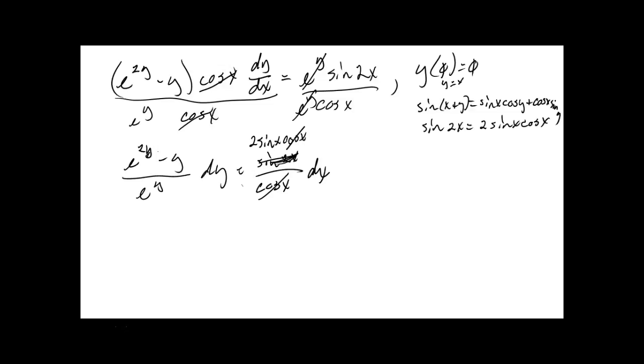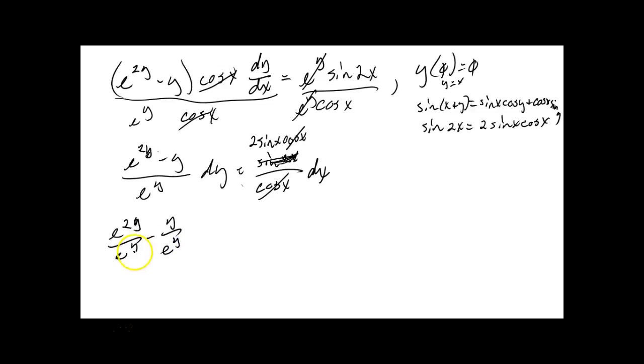Now, is there anything that can be done on the left-hand side to simplify a little bit? I would split this as e to the 2y over e to the y minus y over e to the y.